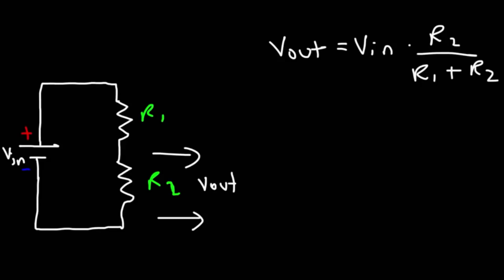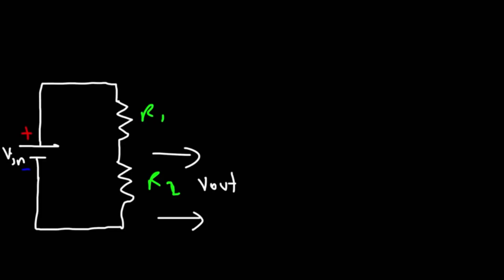Now let's adjust this circuit. Now this circuit works by reducing the voltage through power dissipation. The energy provided by the battery, some of it is dissipated in the form of heat. And because we're losing energy, we can decrease the voltage. But now let's see how we can incorporate a potentiometer in this circuit.